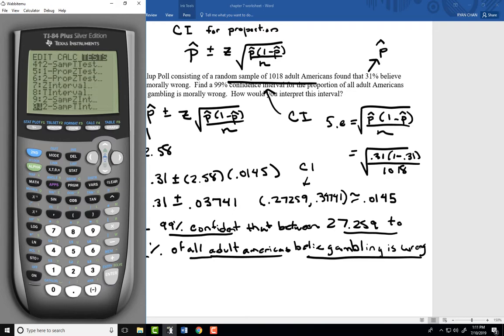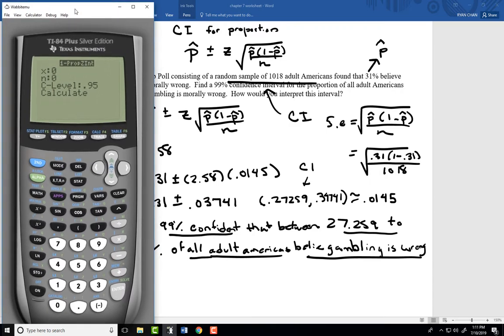Go all the way down to part A, which is 1-PropZInt. You'll hit enter. Now, x over n, what is that? X is the top number, and n is the bottom number of your fraction.